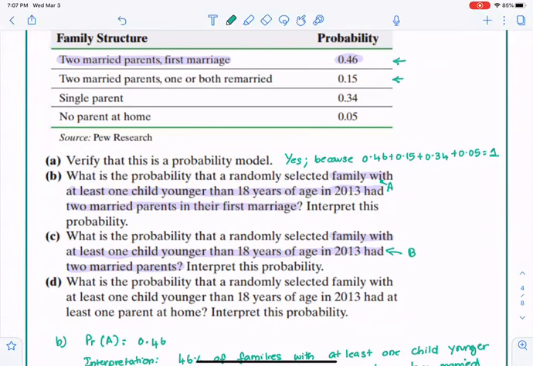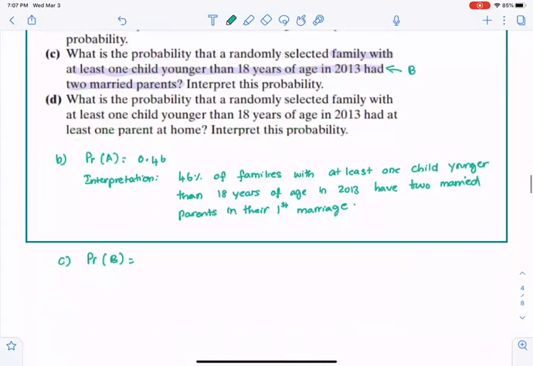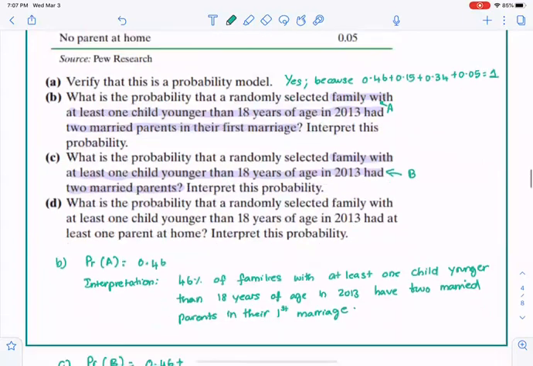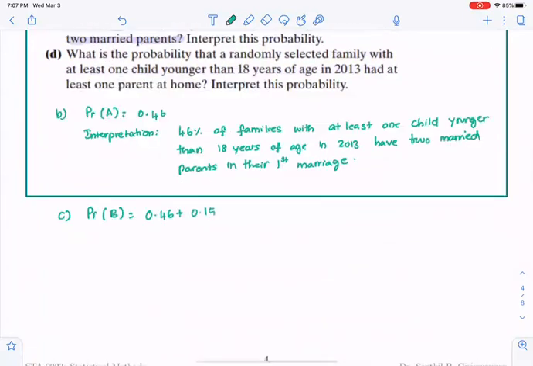So I have to add those probabilities because it doesn't matter if it's the first marriage or one or both remarried. So that probability is 0.46 plus 0.15, which is 0.61. How would we interpret this?